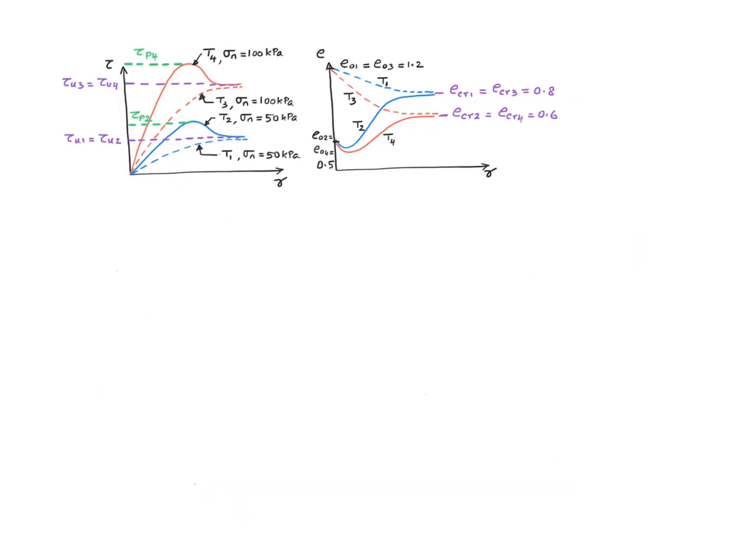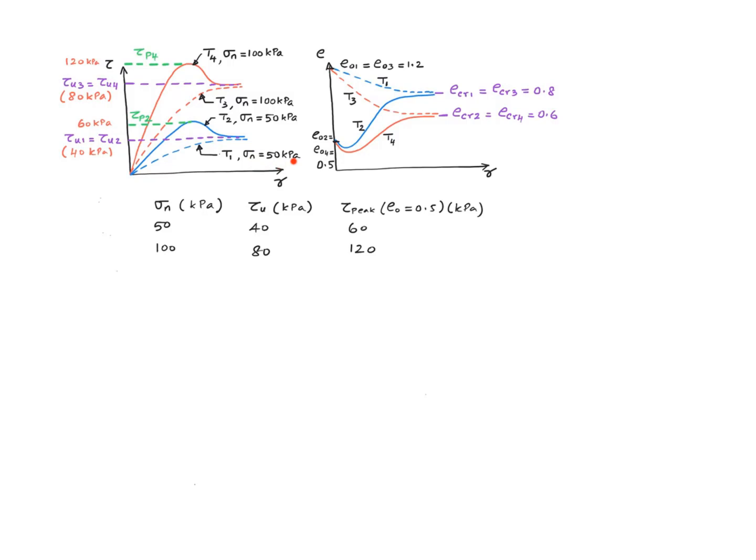Now let's talk about the other observation we made, which has to do with the failure stresses. I put some numbers here just so we have some physical feel for these things. What did we find in the first place? Well, just as the critical void ratios are uniquely related to the normal stresses, the ultimate failure stresses are uniquely related to the normal stresses.